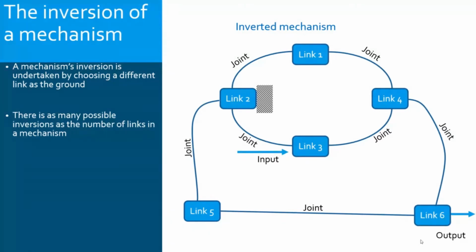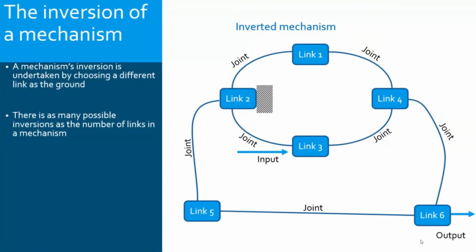Link 5 as the ground, it is another inversion, and so on. So if I have 6 links, all are good candidates to be the ground. So in all, I can have 6 inversions for the mechanism. If a mechanism has L links, a general number, there are L possible inversions of the mechanism.